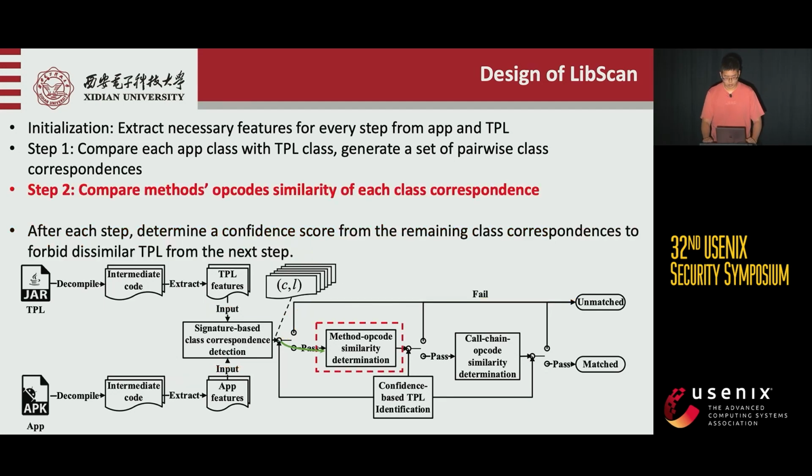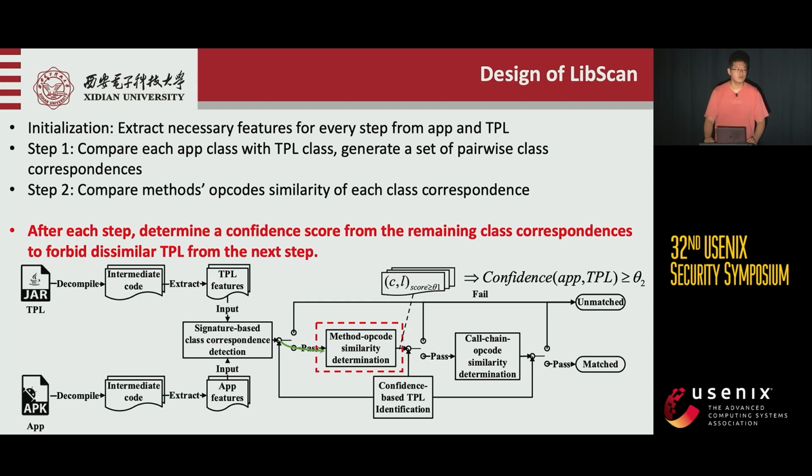Step 2 compares the method-opcodes in the 2 classes of each class correspondence. In this step, we calculate a similarity score between the 2 classes. If the similarity score is below the threshold set 1, we remove the correspondence. So this step removes false class correspondences and reduces the total number of correspondences.